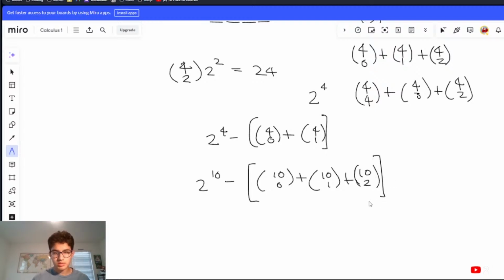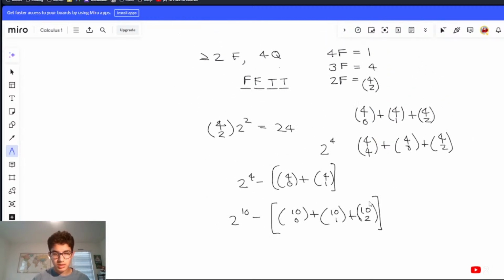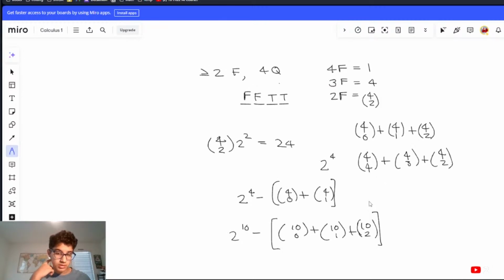And I think that's it. Because that would give you the sum of everything after that: 10 choose 3 plus 10 choose 4 plus 10 choose 5. And this makes sense as well. It makes sense that this would be the way to go about doing it.